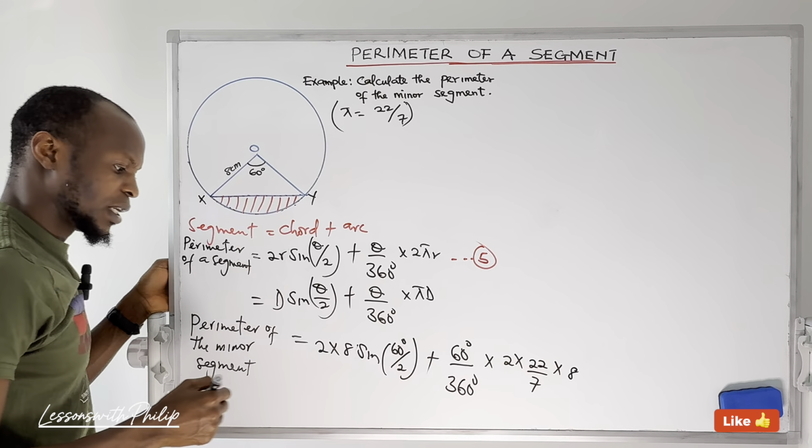Next thing is to use my calculator or multiply where necessary. So 2 times 8 is 16.